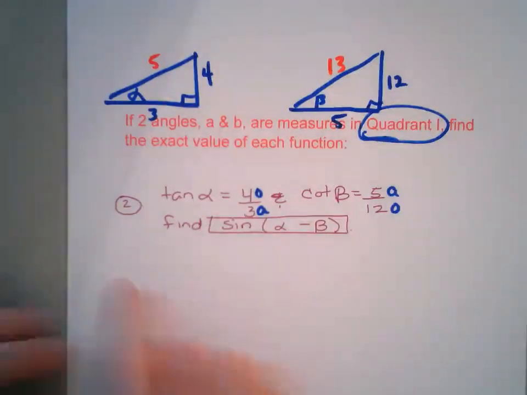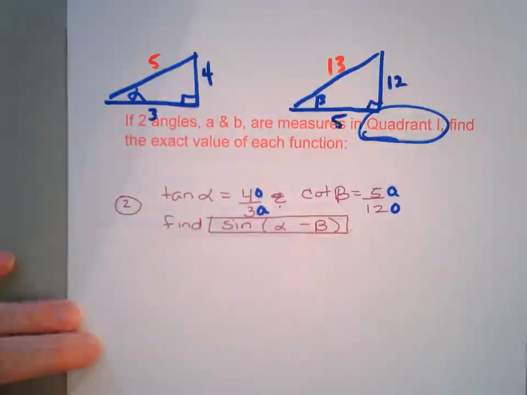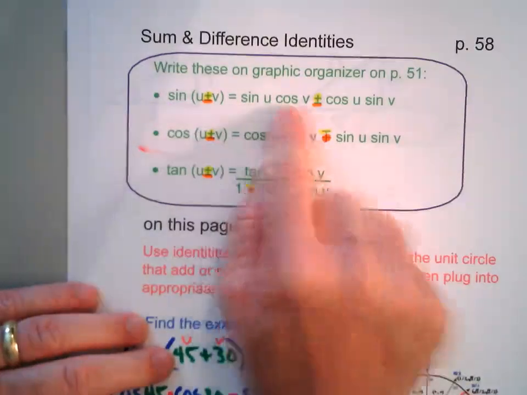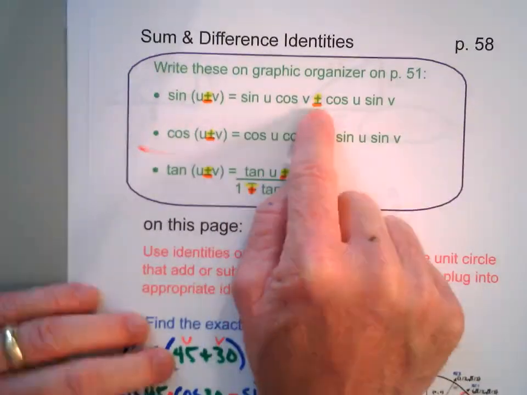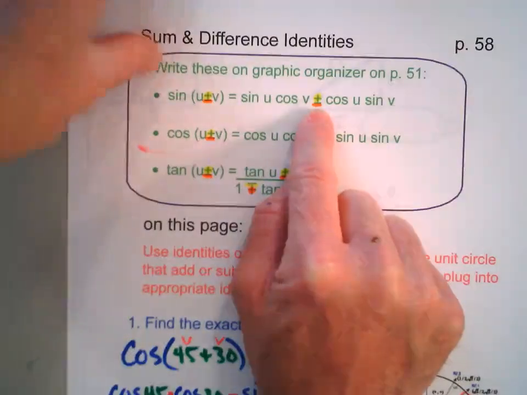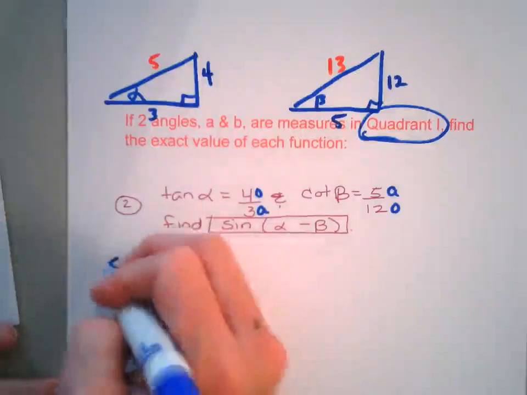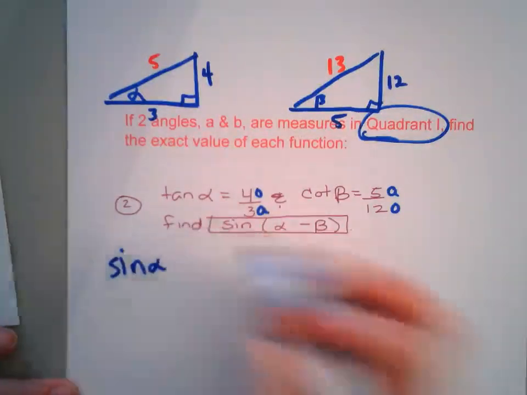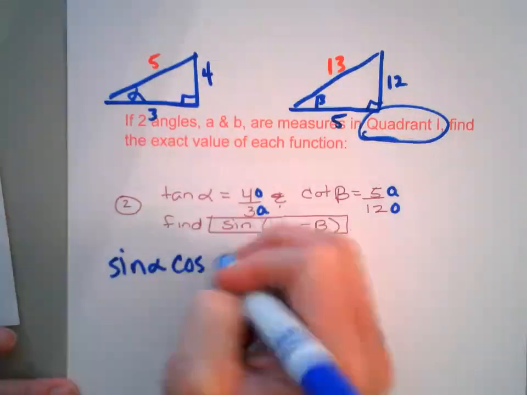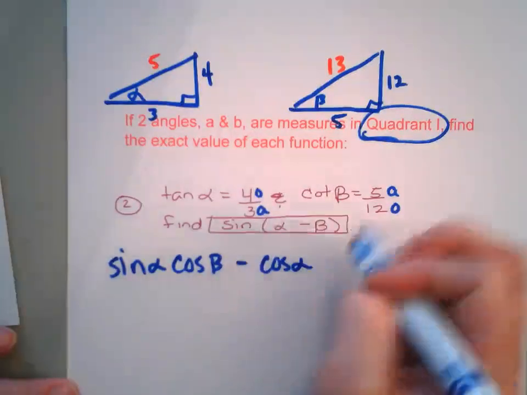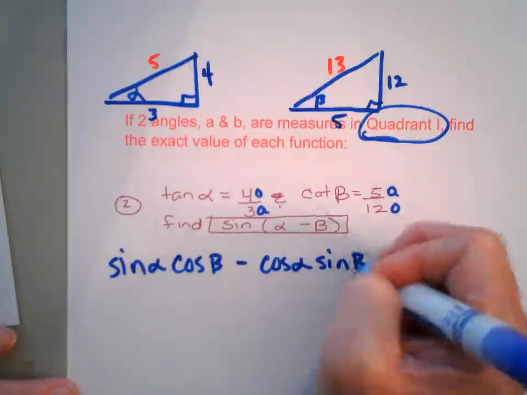All right, now we're doing sine subtraction. Okay, sine subtraction. Sine subtraction is sine cosine, cosine sine. We got subtraction in the middle. So sine of alpha cosine of beta minus cosine of alpha sine of beta.